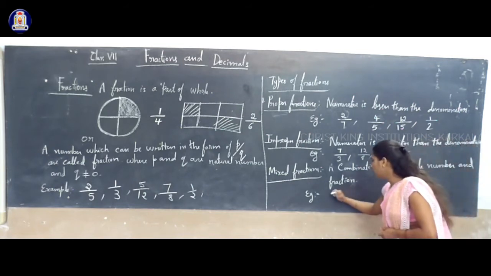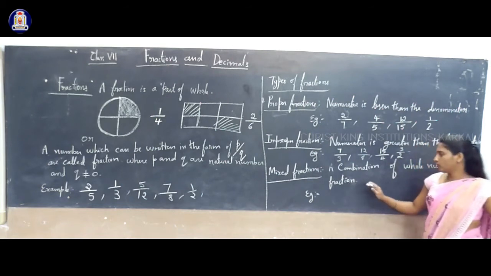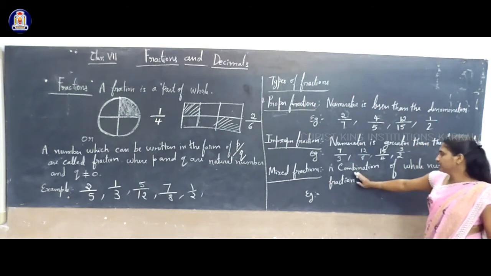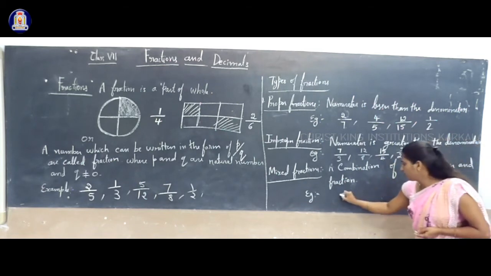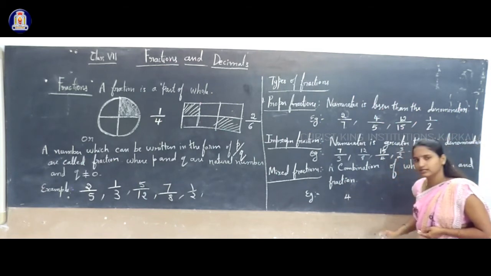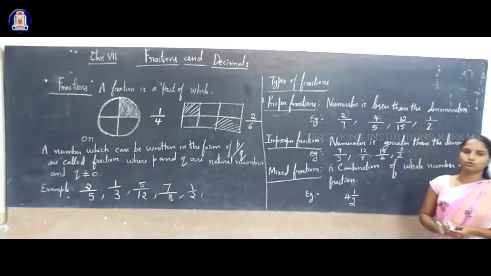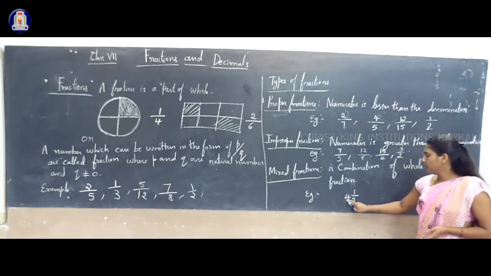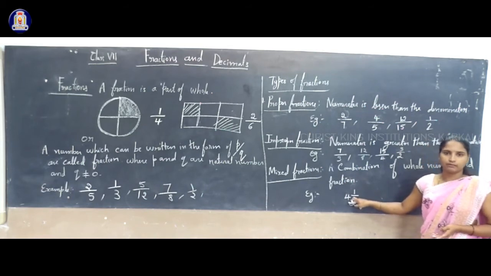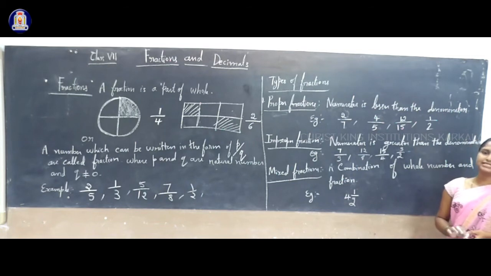Whole number starts from 0, right? 1 by 2 is a fraction, right? So again you have to consider one more number, that is a whole number. 4 is a whole number, right? So 4 1 by 2 is an example of a mixed fraction.